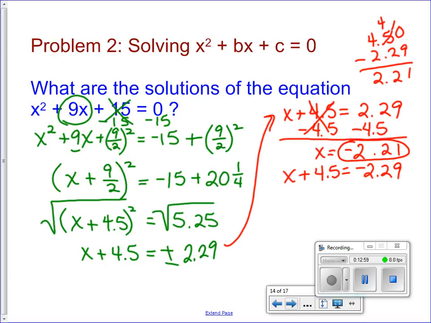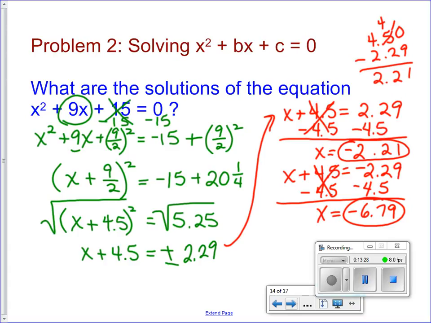So negative 2.21, and remember that is an approximate figure. And then subtracting 4.5 from each side of the second equation, I end up with negative 6.79. So my two solutions are negative 2.21 and negative 6.79.